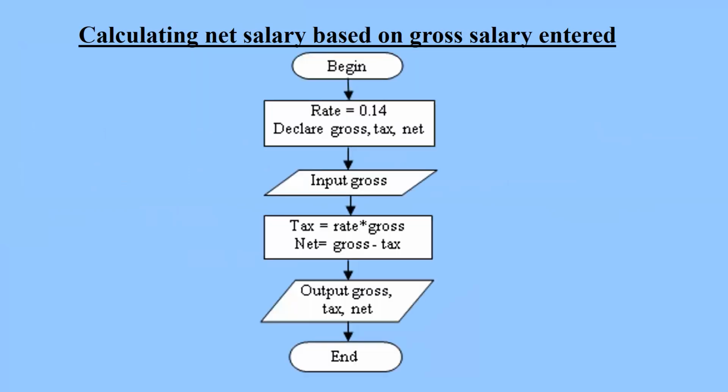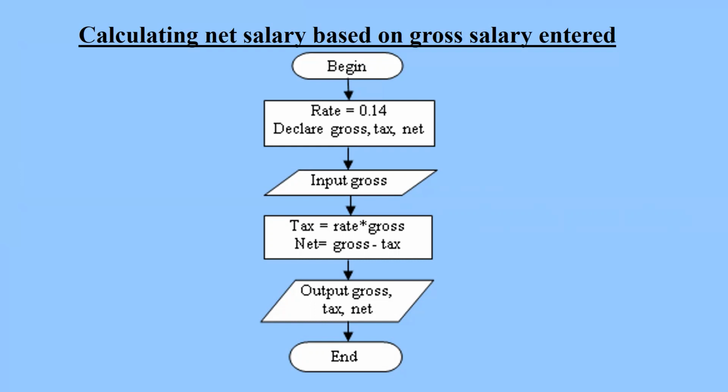And that's it. We have the begin and the end using terminators. After begin, the next thing we do is to set the tax rate. We assign 0.14 to rate. And then we declare, we set aside memory locations for tax, for gross, and for net.